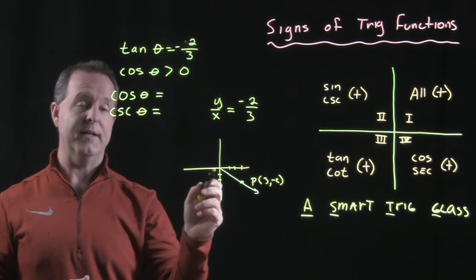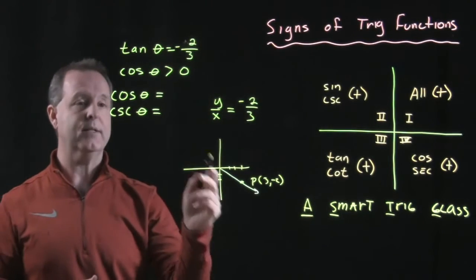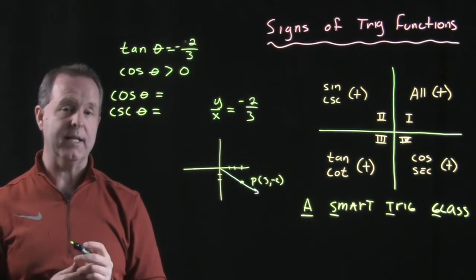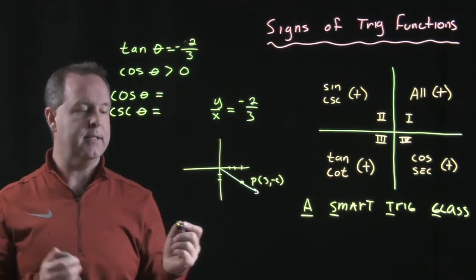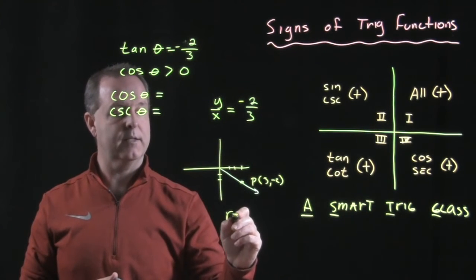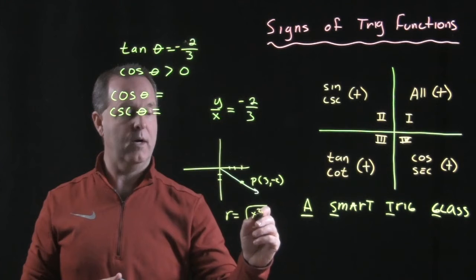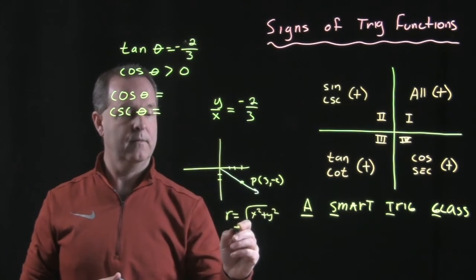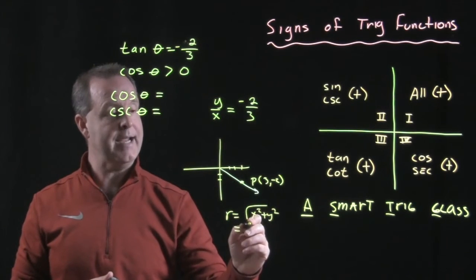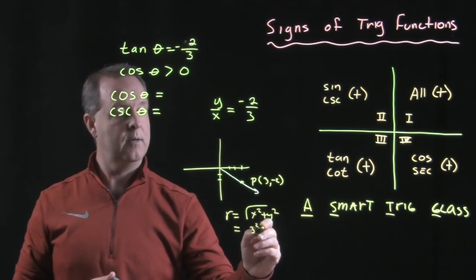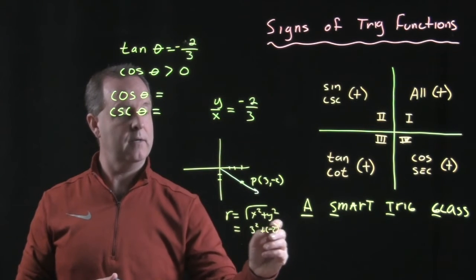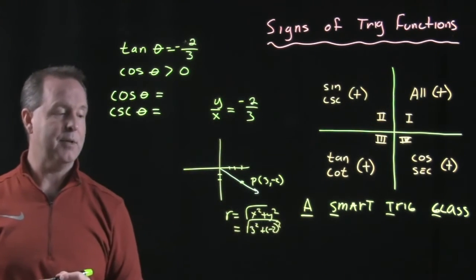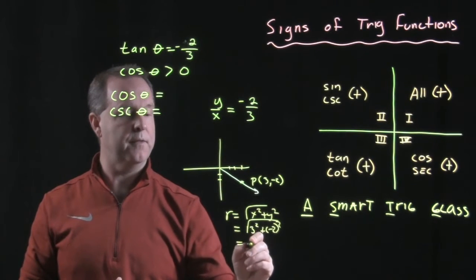We want to look at what its radius is at this particular point. So in order to find cosine and cosecant, we need to have the radius. Radius again was the square root of x squared plus y squared, which in this case was 3 squared plus a negative 2 squared. That's a 9 plus a 4, that equals root 13.